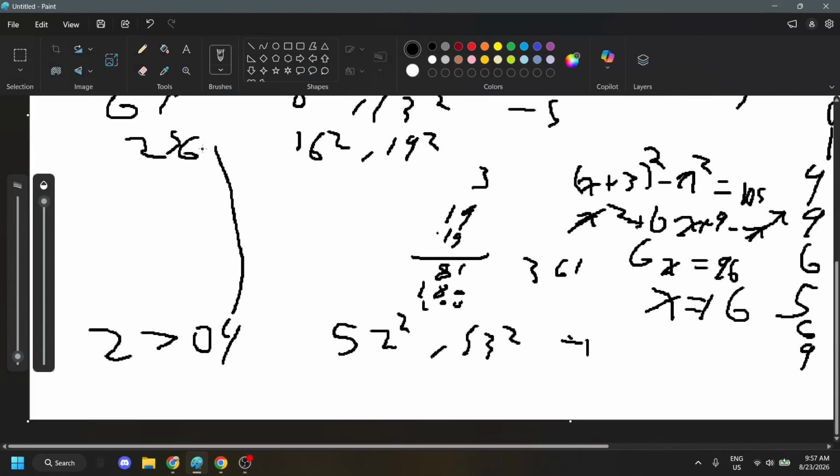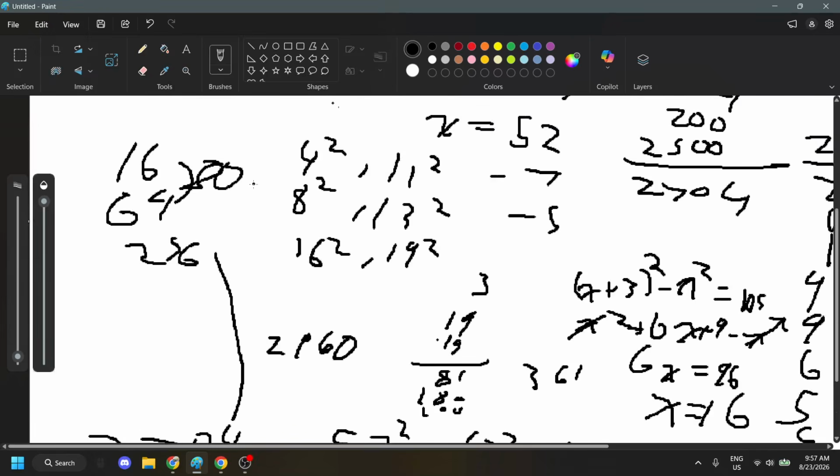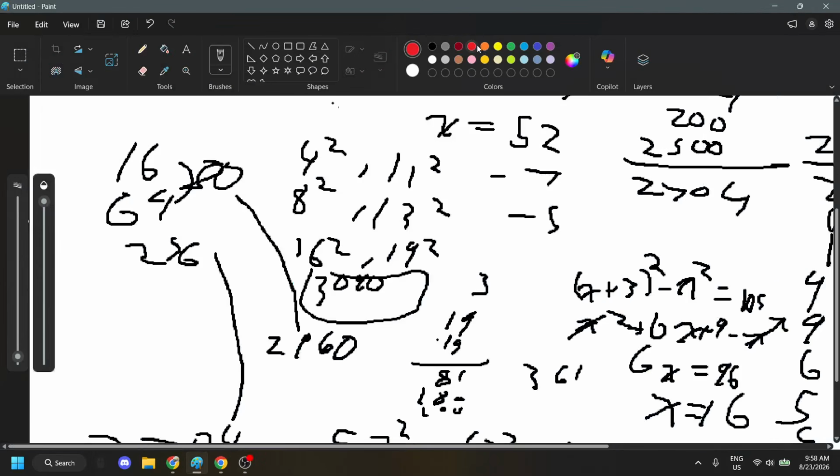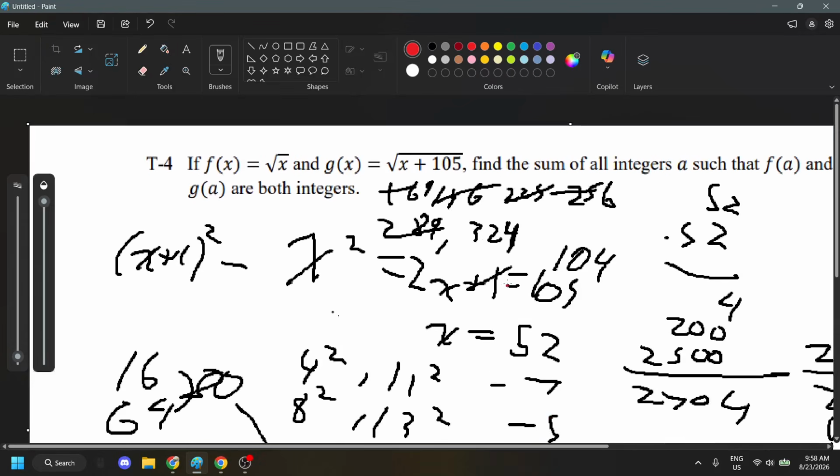Adding these together we have 2960. Adding these two together we have 3040. Let me check. Hey, so I got it correct, and it makes more sense the way they said it, kind of.